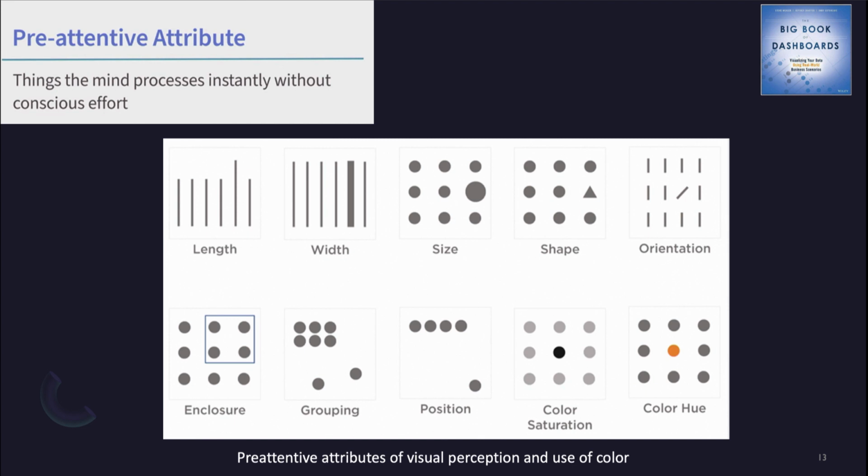So you can use the length, the width, the size, you can shape, orientation, enclosure, grouping stuff, positioning, coloring, etc. So those are the things you can use to help your audience spot immediately your finding.